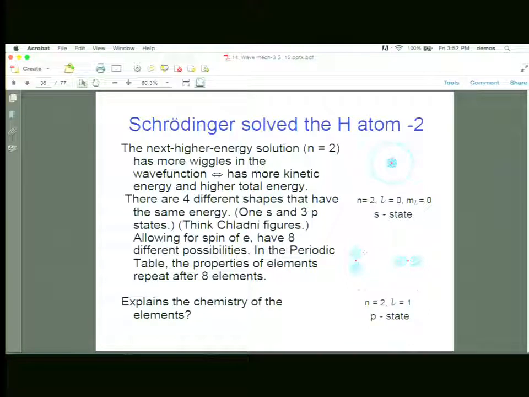So I don't know if you're picking up the pattern here, but in any one potential, you start out with the simple mode. The next higher mode in that same potential must be a little more wiggly. The next higher mode, it's the Chladni mode, getting more and more complicated as you go up. Then if you have a different potential, you start out with the lowest mode, simple. The next one has a little more wiggle, and so on.